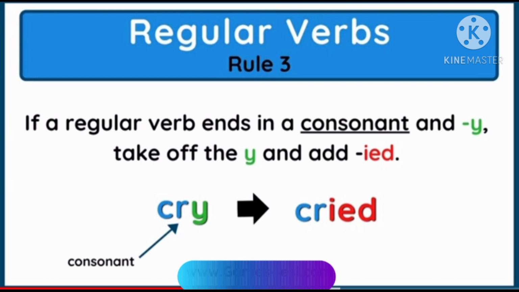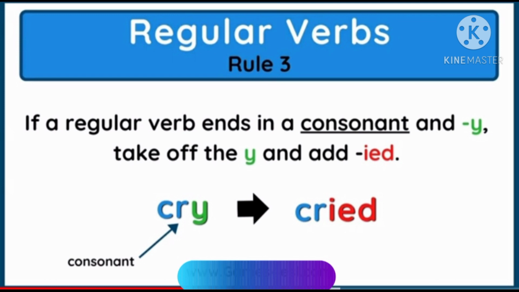So it will become CRIED. Instead of Y, you have to add IED. Remember, students, whenever you find such a regular verb ending in a consonant and a Y, please take off the Y and add IED to make it a past tense form of the verb.